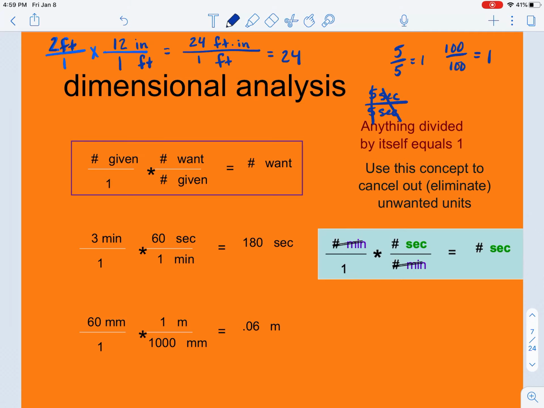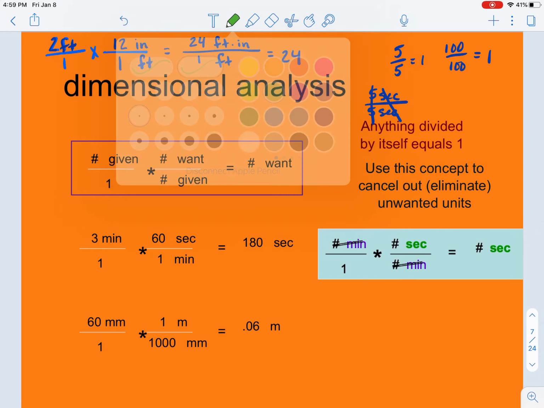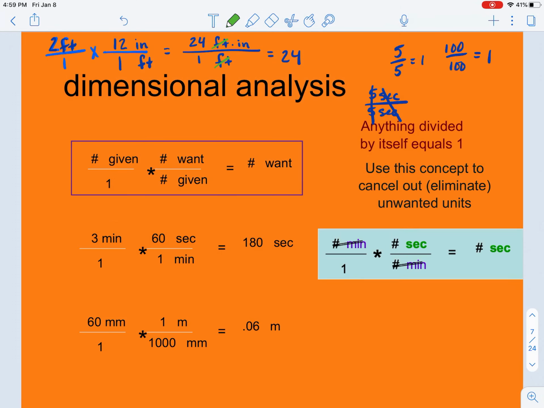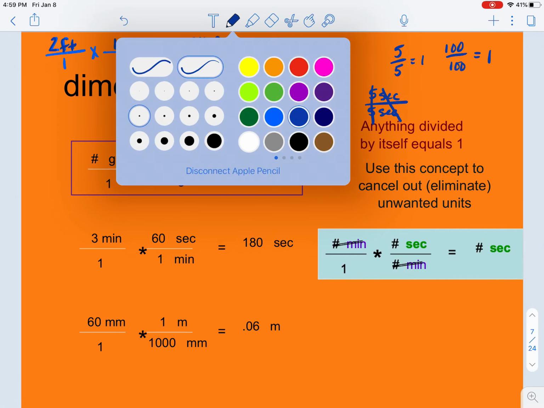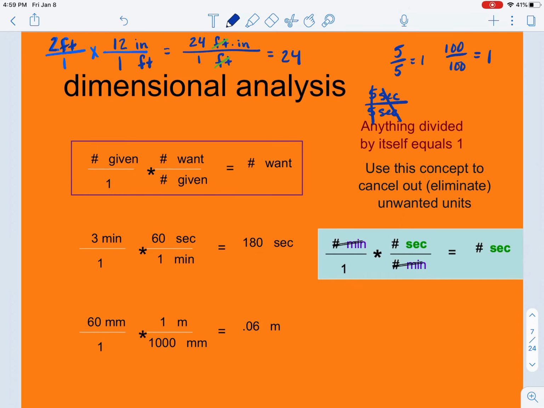If I look at my units, I see feet divided by feet. So these two units are going to cancel out. Anything divided by itself is 1. So I'm left with 1 times inches, which is just going to give me inches. All right, so this is how dimensional analysis works.